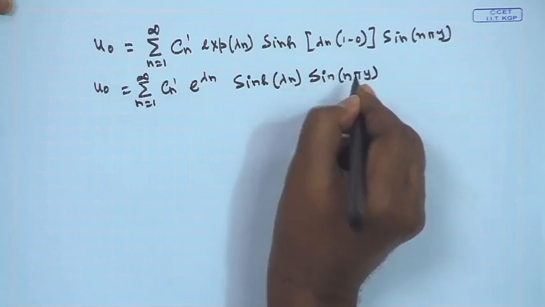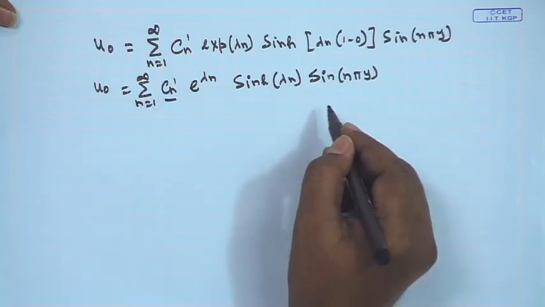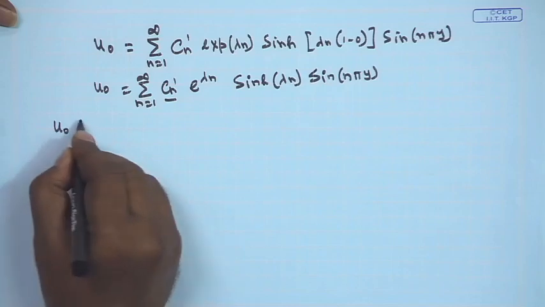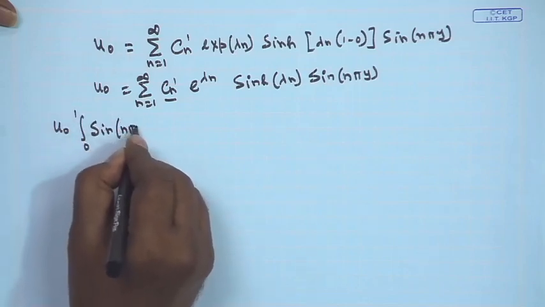Now, this C n prime is evaluated by utilizing the orthogonal property of the eigenfunctions, that is, the sine n pi y sine function. So, I multiply both sides by sine m pi y dy and integrate over the domain of y from 0 to 1.